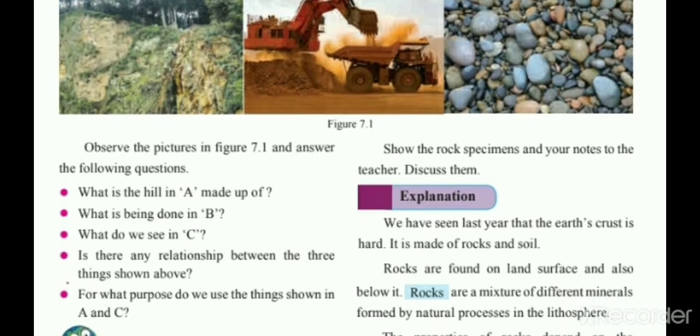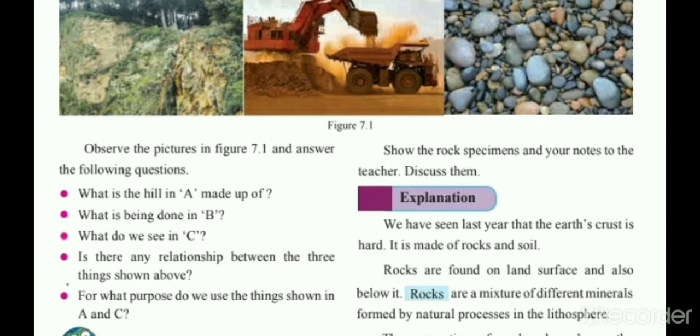The second last question is, is there any relationship between the three things shown above? All three are of the same thing we are talking about, that is rocks. It has been given only about the stones, right? So is there any relationship? Yes. Now let us see what the relationship is.